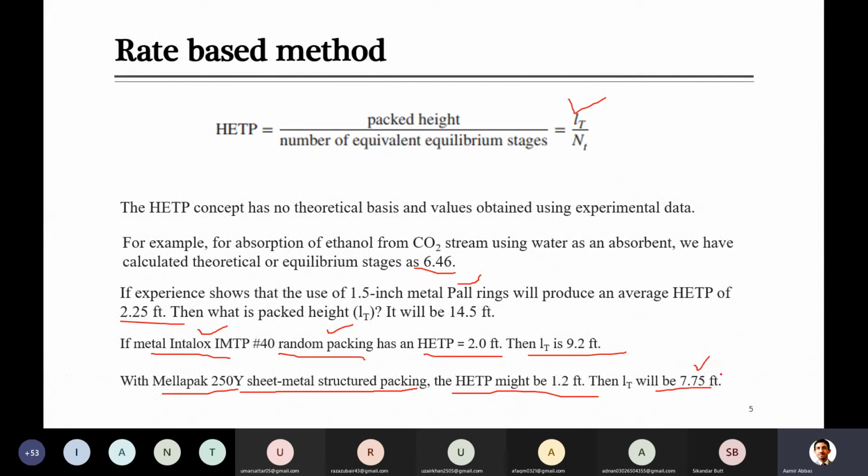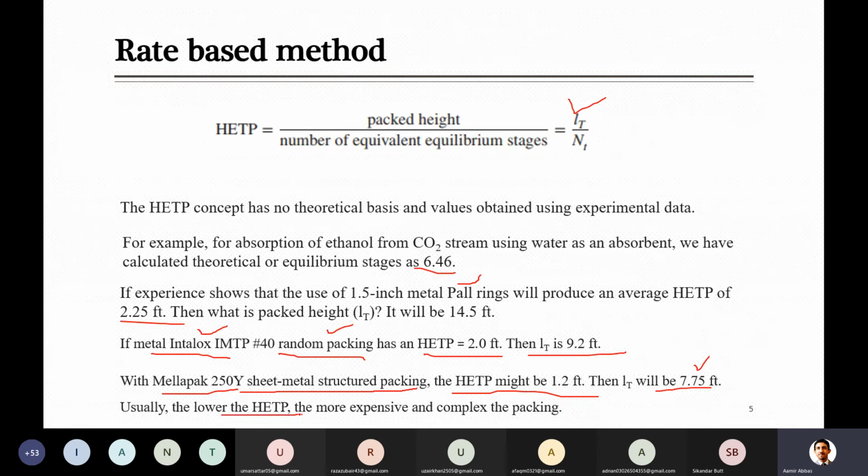But at the same time, although you need a small height and the column height will decrease, in terms of cost structured packing was the most costly, and random packings were less costly as compared to this. Being a design engineer, you have to come up with a number of solutions, and all depend on the economics, in terms of construction as well as later in operation, which of these will be efficient for us to use.